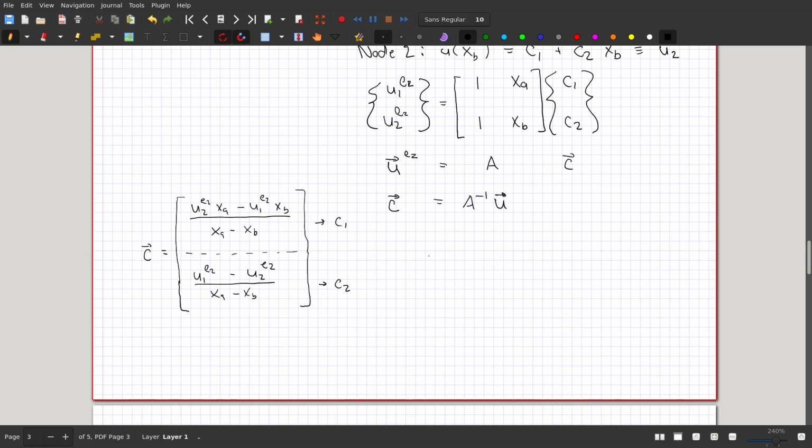This is a vector. We could plug those into our function then.